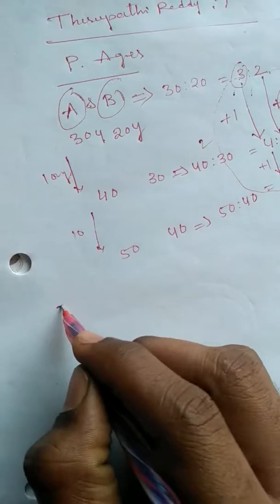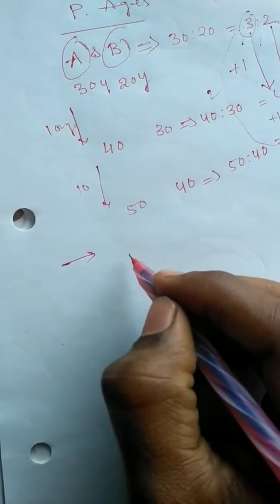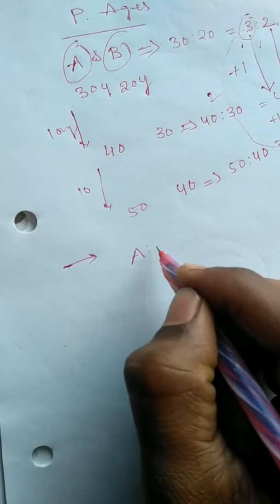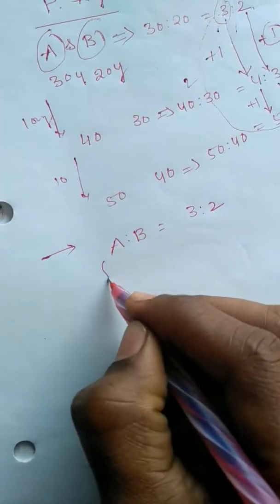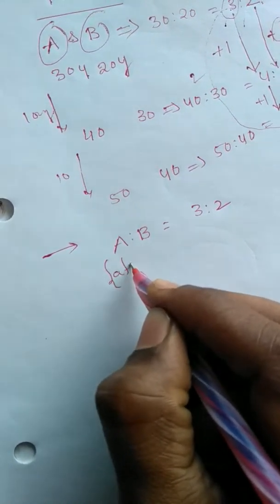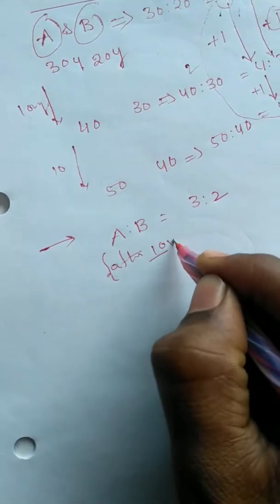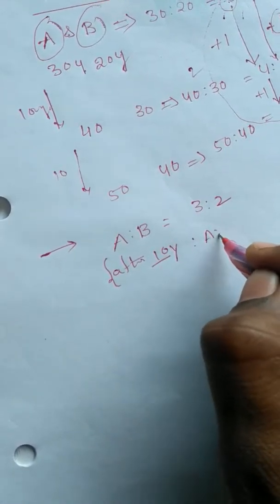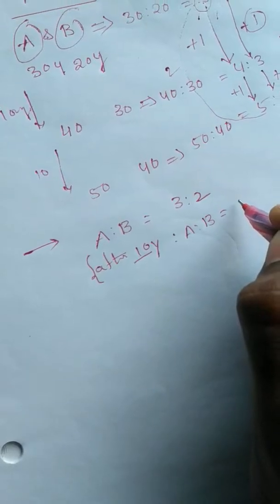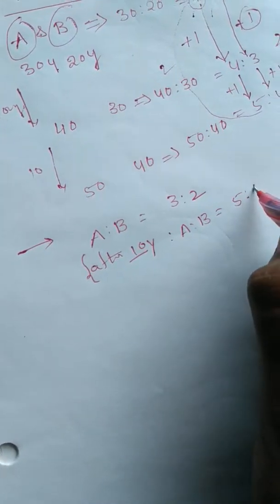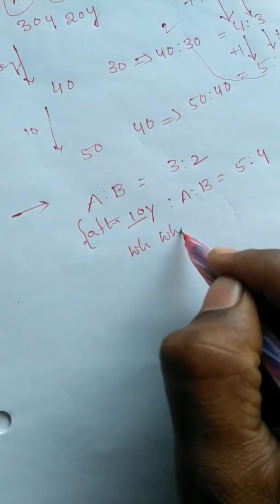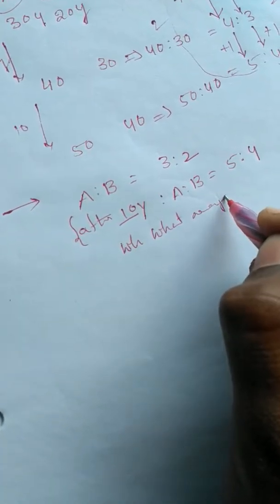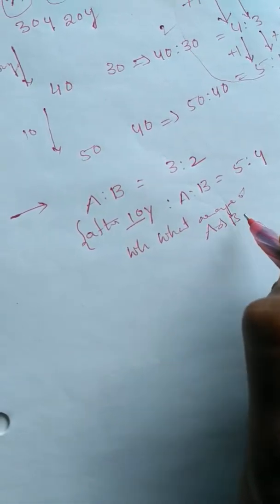For example, the ages of A and B are in the ratio 3 to 2. After 10 years, the ratio of the ages becomes 5 to 4. Then what are the present ages of A and B?